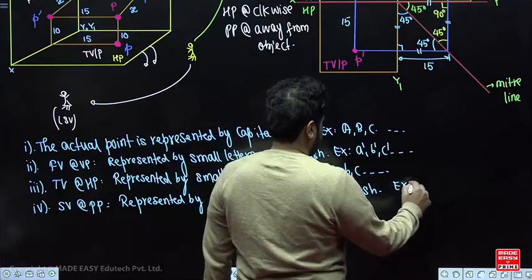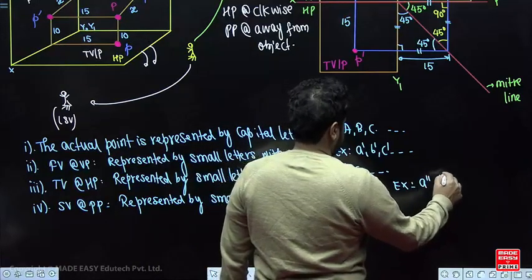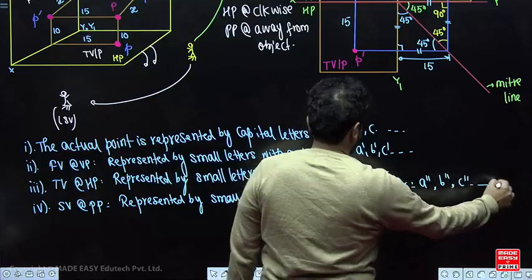For example, A double dash, B double dash, C double dash, etc.